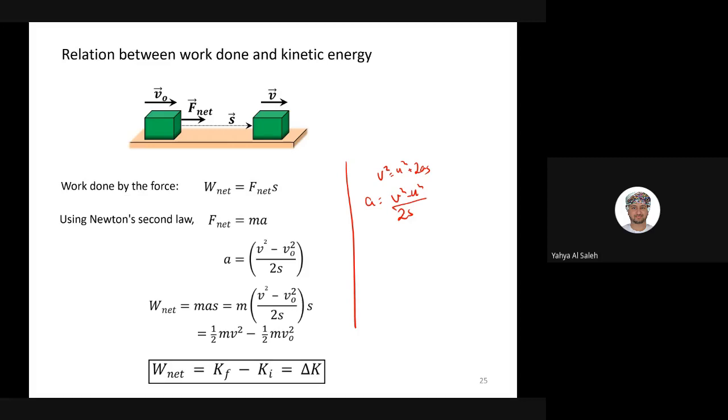So final kinetic energy minus initial kinetic energy, which we call delta K. So the work done is equal to the change in kinetic energy, and we call this the work-energy theorem, or otherwise known as WET.